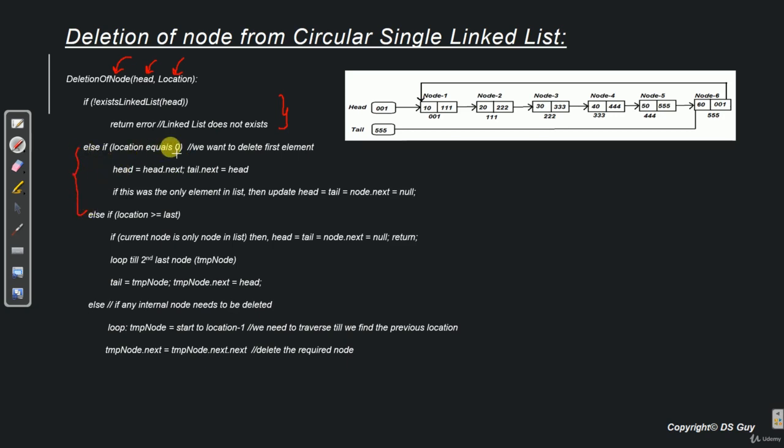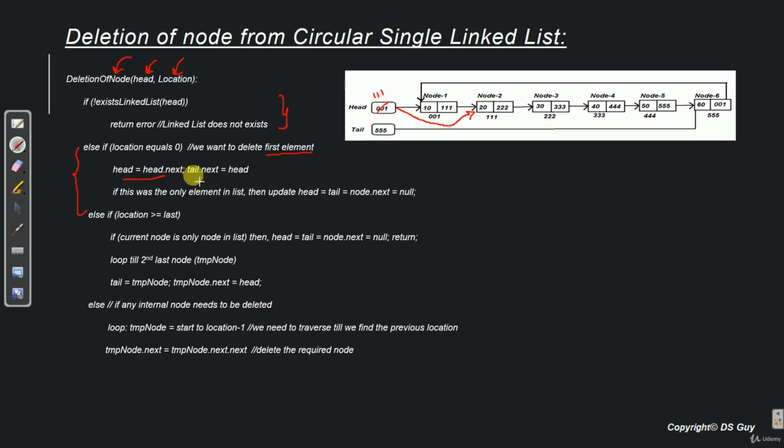If location equals 0, that means we want to delete the first element, then we have to create a link between head and node 2. So head is equal to head.next. So instead of 001, this gets updated to 111.